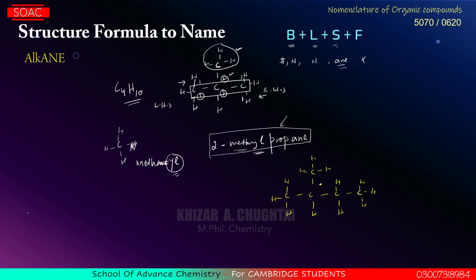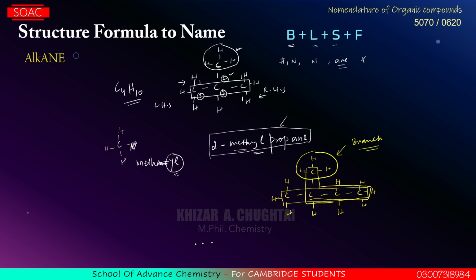So again, you have more than 3 carbon atoms, and you have to select the longest chain. I'm taking this straight one as the longest chain. You can take this one as well. It can also be taken as the longest chain. Whatsoever is the longest chain, one carbon is outside the longest chain, that is said to be the branch.